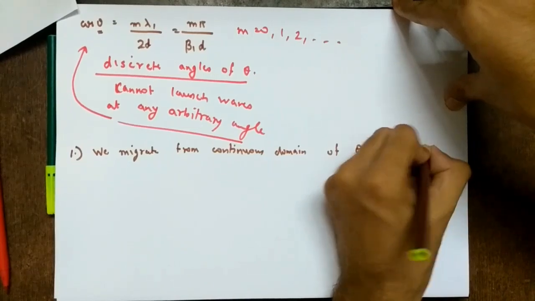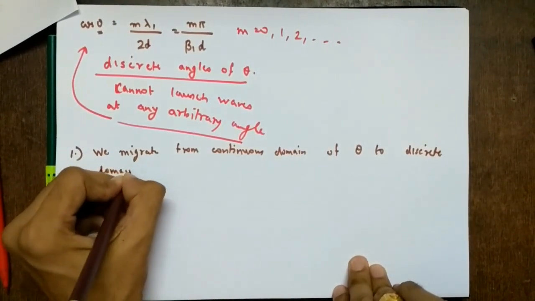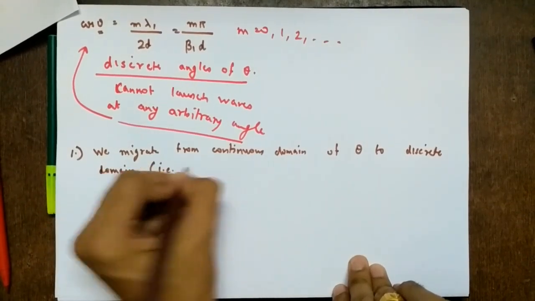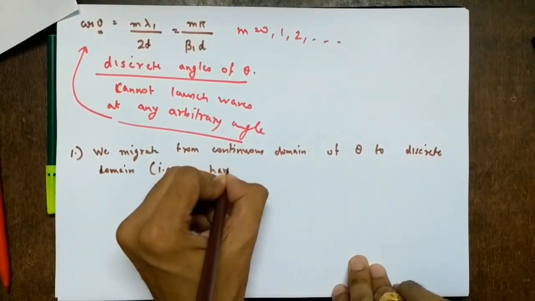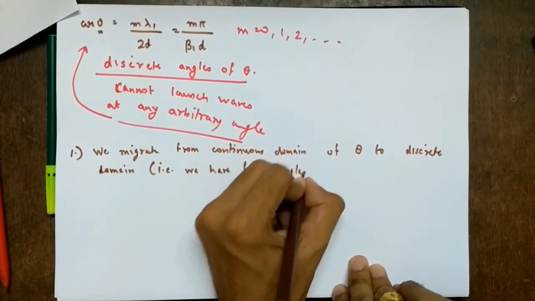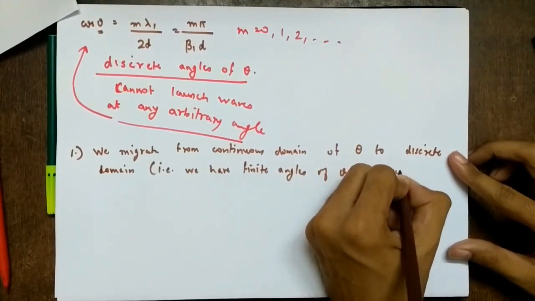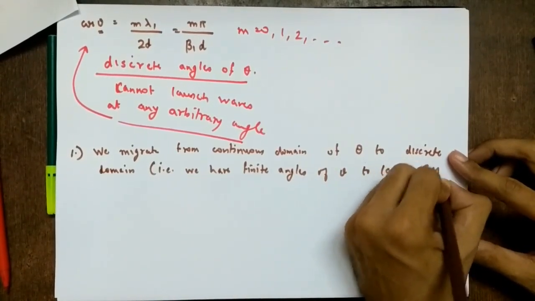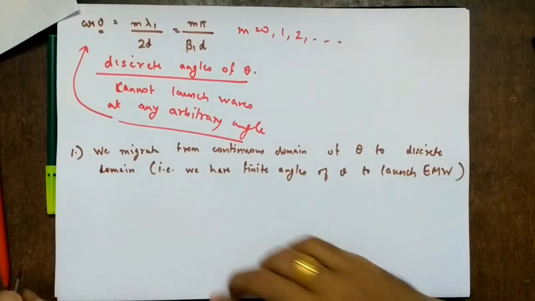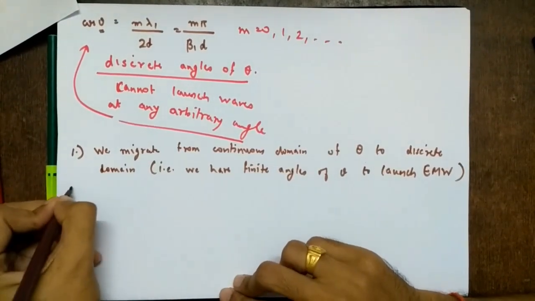To the discrete domain. That is, we have finite angles of theta to launch the EM wave. Whatever I have written in brackets is the meaning of the first point.